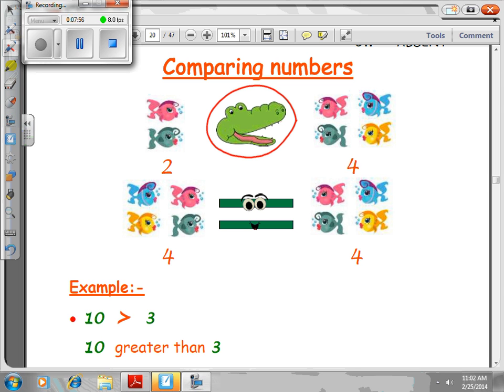Of course, it's going to eat the bigger number because it's very hungry. So do you think the alligator now is going to eat 2 or is going to eat 4? It's going to eat 4 because it's very hungry. So the alligator will eat 4 because 4 is bigger than 2 and the alligator is hungry.